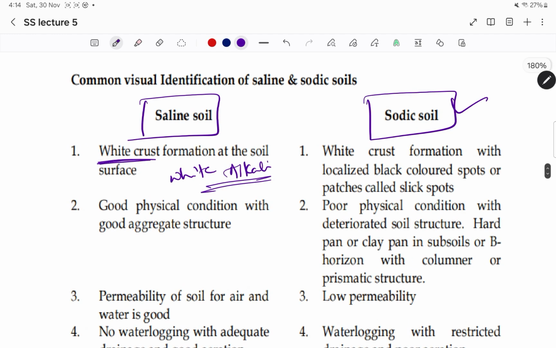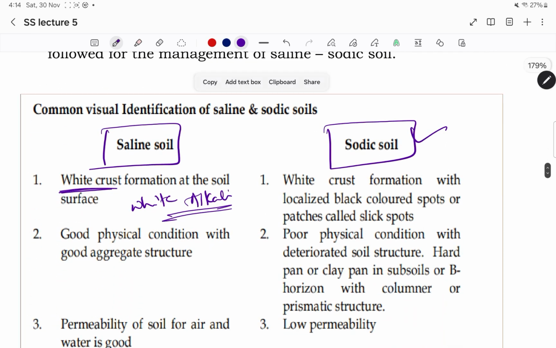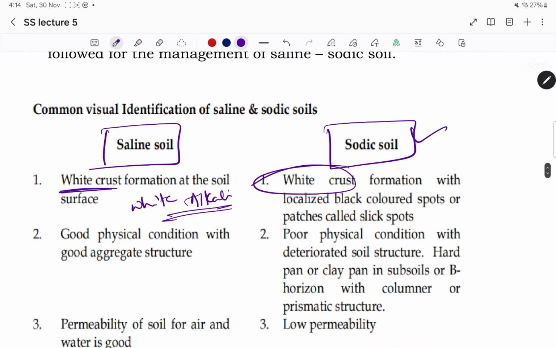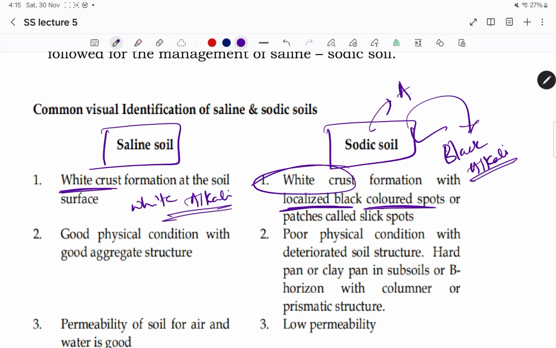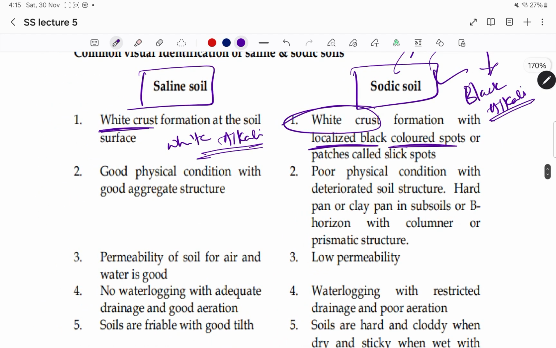In case of sodic soil, there is also a white crust because it is also salt affected soil, and we can see localized black colored spots. That's why it is called black alkali. Another name of sodic soil is black alkali or alkali soil.